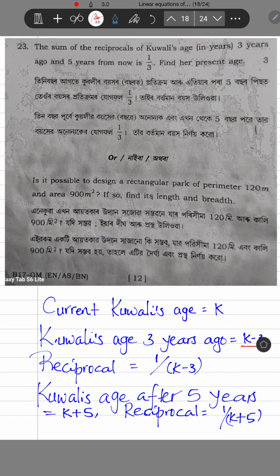The reciprocal of K minus 3 is in fact 1 over K minus 3. The other one is Cavalli's age after 5 years, which is going to be K plus 5. The reciprocal of K plus 5 is 1 over K plus 5.